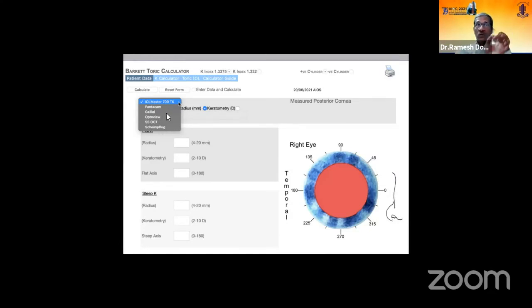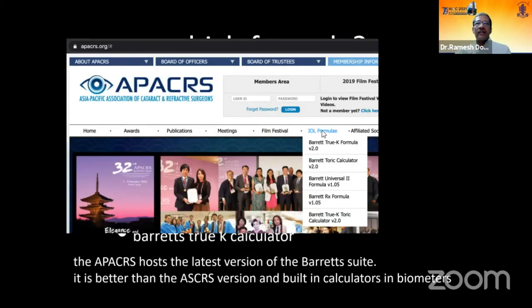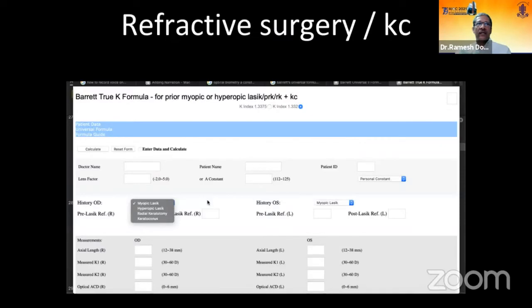Because the zone measured and the way each of these instruments calculate is slightly different from one another, it is useful for you to choose the option correctly. This is found free in the APACRS site. Today you can find it in the ASCRS site also, but this particular APACRS site gets updated more frequently.